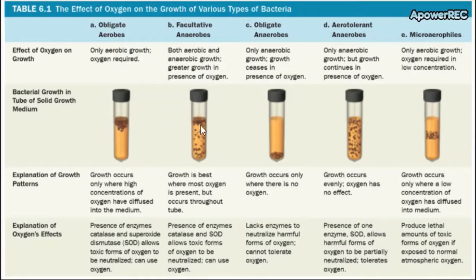And so we have the top, the bottom, evenly throughout plus a higher collection on the top, or right in the middle. You need to know why that is. So do they have catalase or superoxide dismutase? Do they just have one, like aerotolerant anaerobes? Do they have none, like obligate anaerobes?